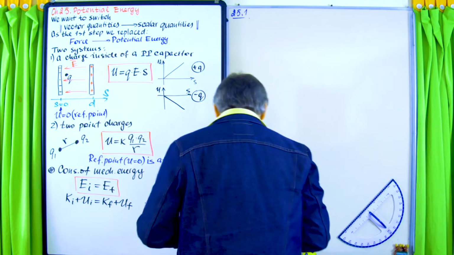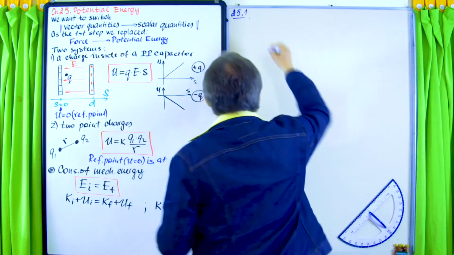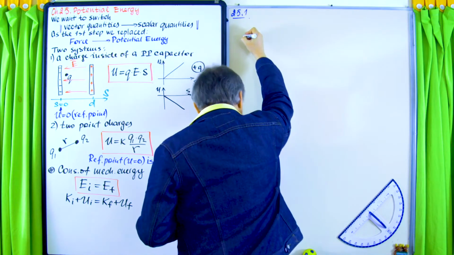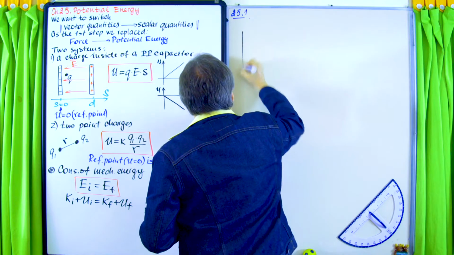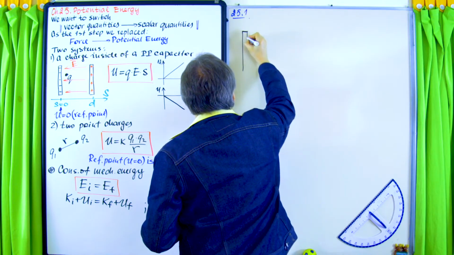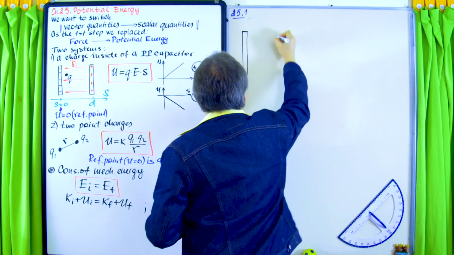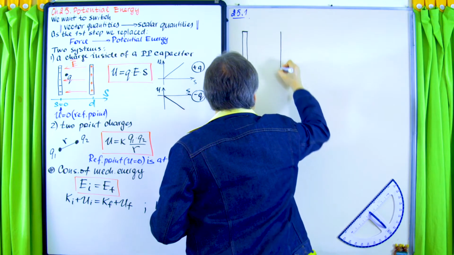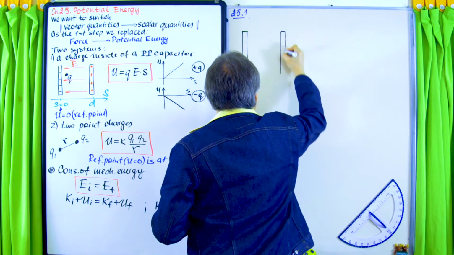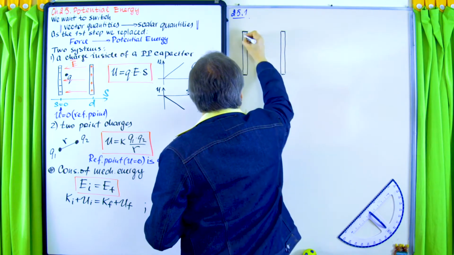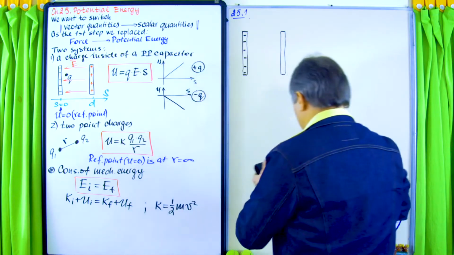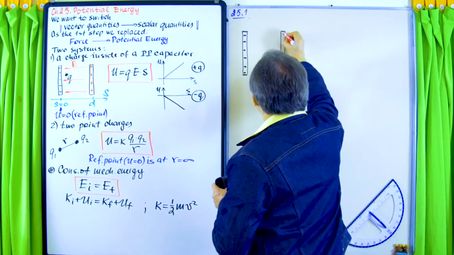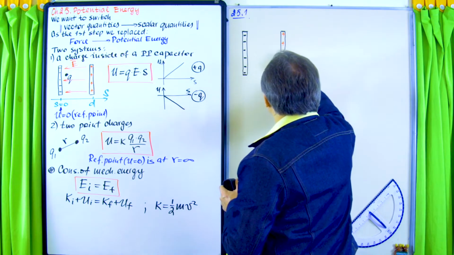Probably I will draw it first. So this is a negative electrode, and this is a positive electrode.